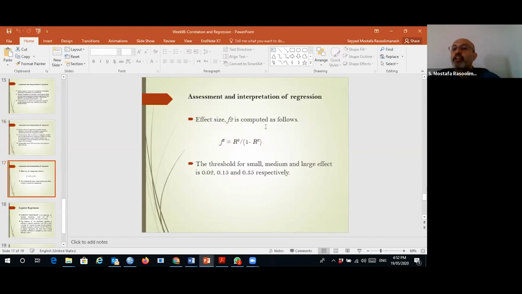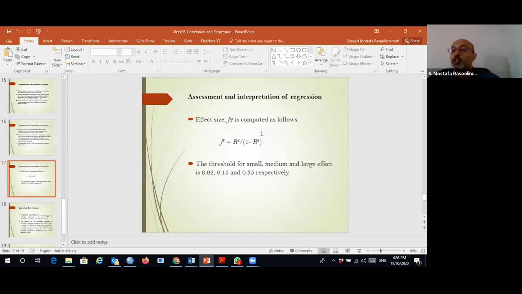Another thing for regression, like the previous analysis techniques, is effect size. To calculate effect size, we need to calculate the ratio of R square over 1 minus R square. For example, if R square is 0.2, then effect size, or F square, will be: here is 0.2, here is 1 minus 0.2, so it's 0.8.